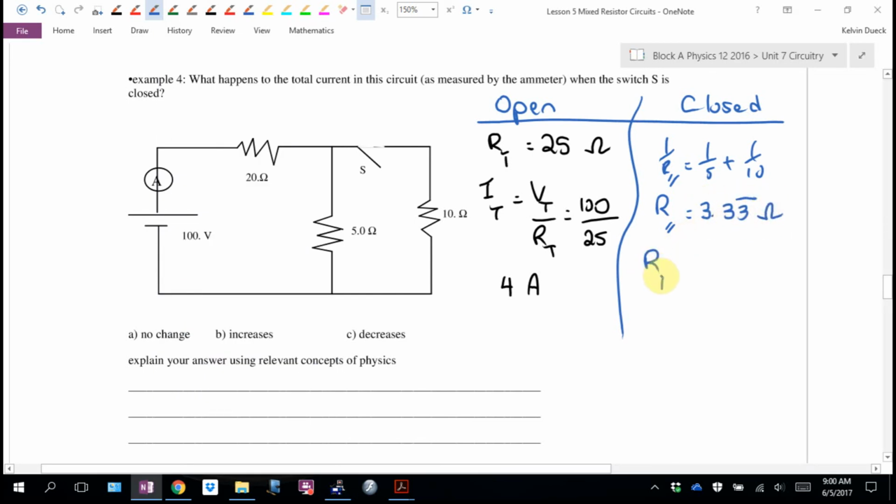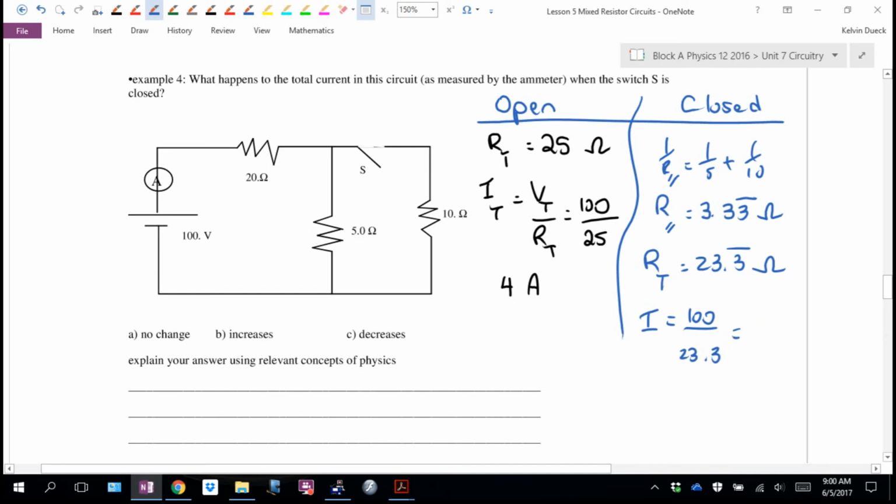So the total resistance, if I close the switch, is 23.3 repeating, because now they're in series with each other. So the total current is going to be 100 volts divided by 23.3 repeating.